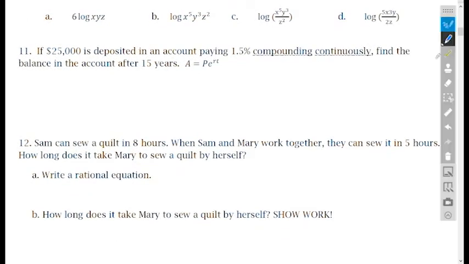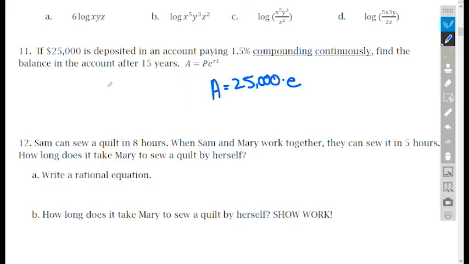Number 11, if $25,000 is deposited in an account paying 1.5% compounding continuously, find the balance in the account after 15 years, and we have our compounding continuous formula, A equals P times E to the RT. Okay, so this would be A is equal to 25,000, which is our principal, is what we start with, times E to the rate.